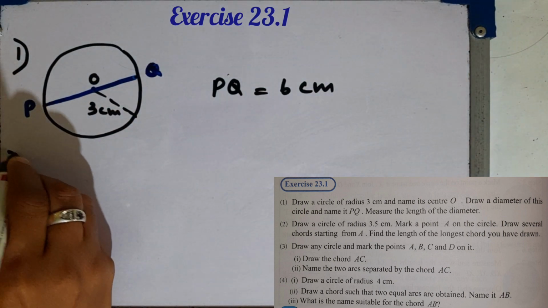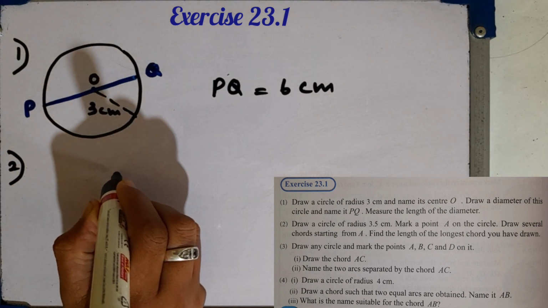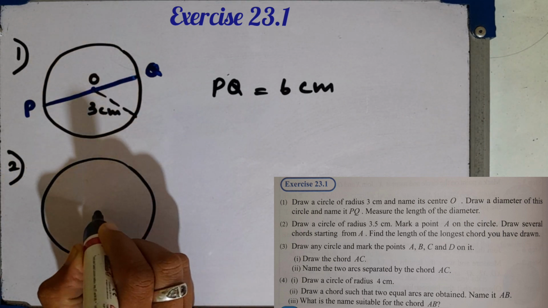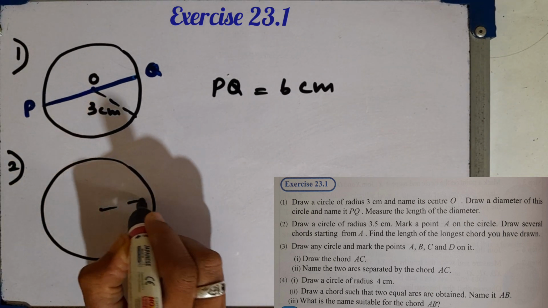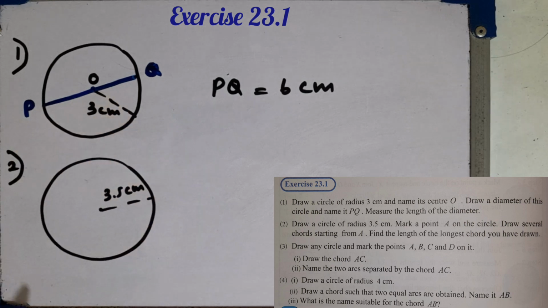Then question number 2. Draw a circle of radius 3.5 centimeters. You have to use the pair of compass and draw the circle. The radius is 3.5 centimeters.